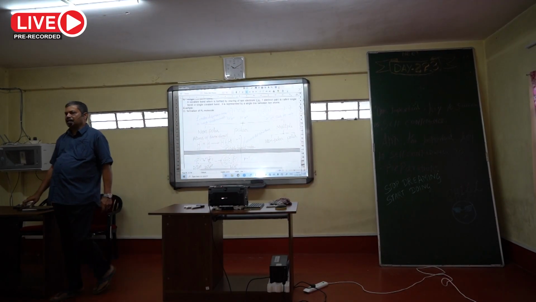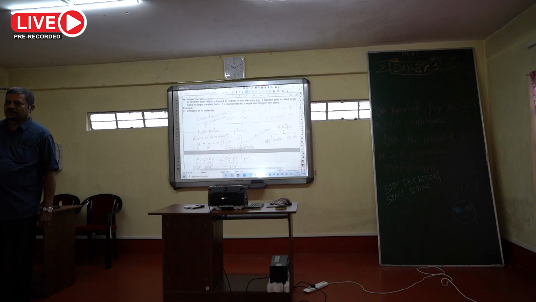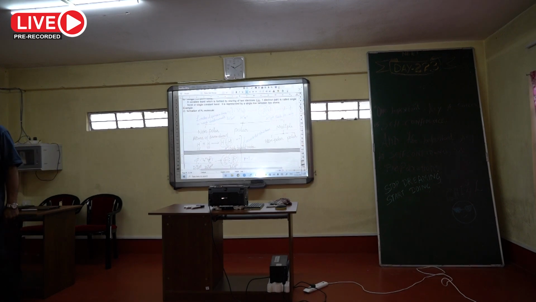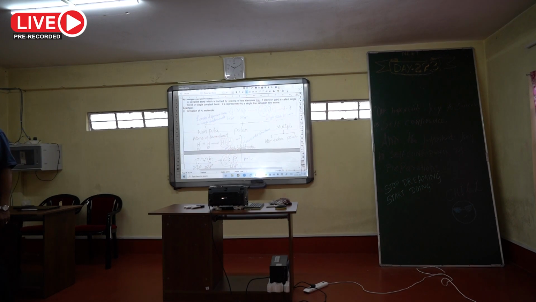Van der Waals forces is an old name. Now the NCERT textbook is using the new name, London dispersion forces. They are also weak forces.